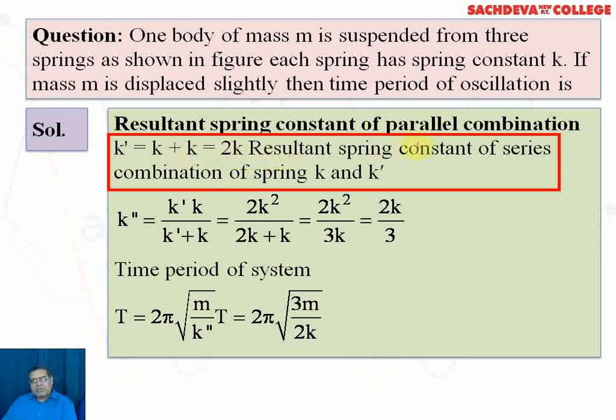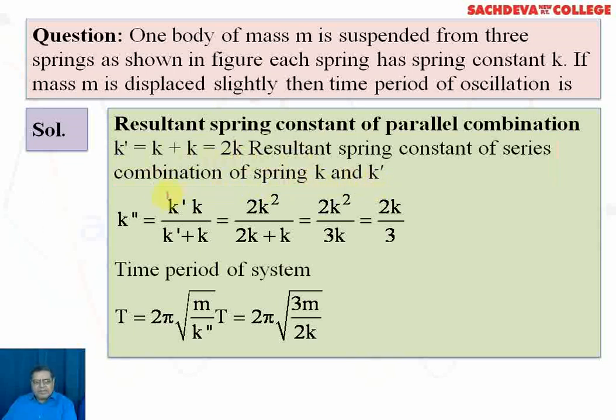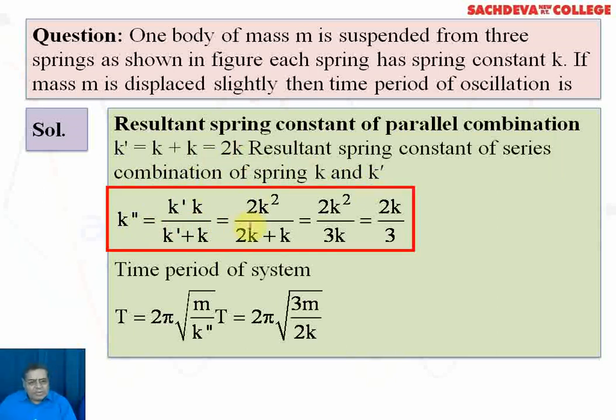Resultant spring constant of the series combination of the springs K and K dash: if the springs are K and K dash, their total resultant, K double dash, we have to calculate. So K double dash is K dash K over K dash plus K.